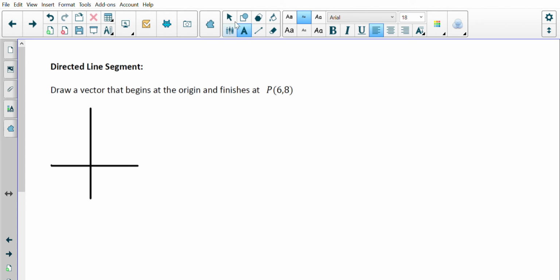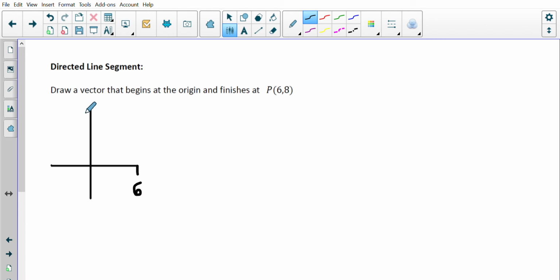All right, now drawing a vector. Draw a vector that begins at the origin and finishes at (6, 8). So again, just a little bit of a sketch here. I'll say we're going out to 6 here, and up to 8. And so our vector starts at our origin, where the tail would be, and ends at (6, 8). Our tip, our arrow point, is at the end of that vector.